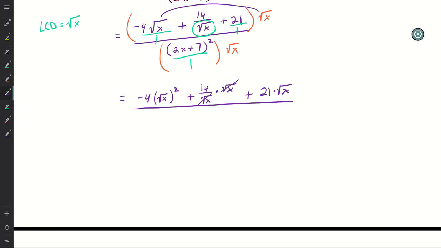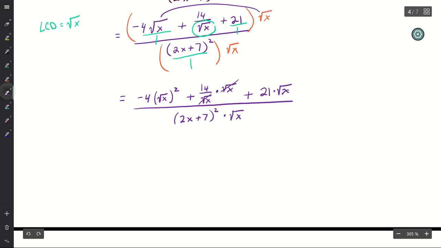The over 1 was just for me to point out, hey, we can make that look like a fraction, it would be over 1. So we don't really want that or need that at this point. So we're going to leave the bottom factored. So we want it 2x plus 7 all squared still. And then we're just going to tack on the root of x next to it. And it's going to stay that way unless something cancels out.